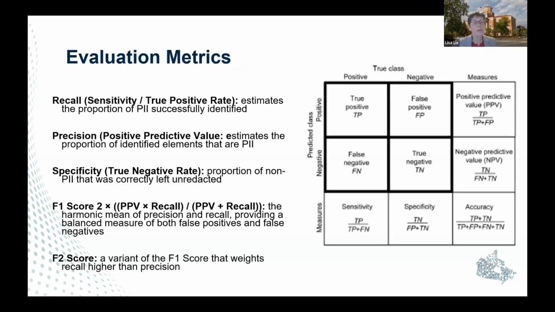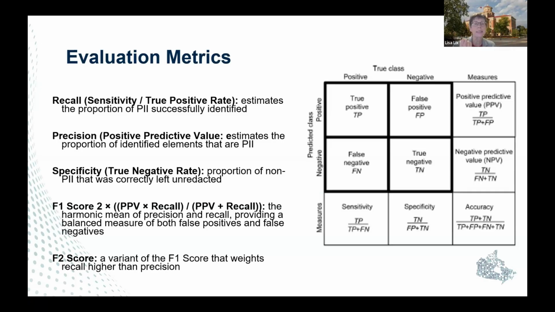Okay, and we've used a variety of metrics to help us evaluate the algorithm performance for de-identification because different evaluation metrics can reveal differences in terms of the performance of the model. So we've got recall and precision and specificity, which are first about estimating the proportion of successful identifications, looking at the proportion of identified elements that truly are personal identifying information.